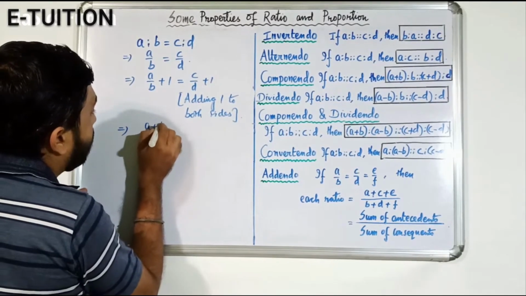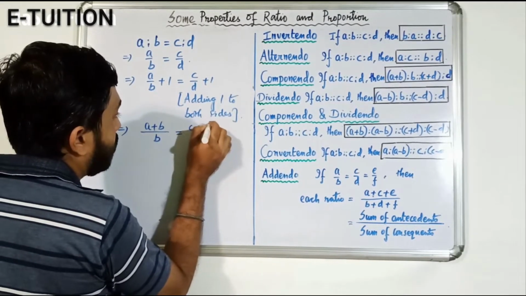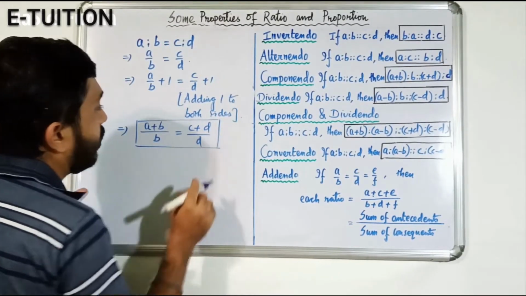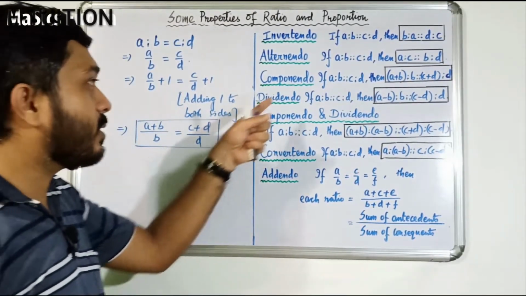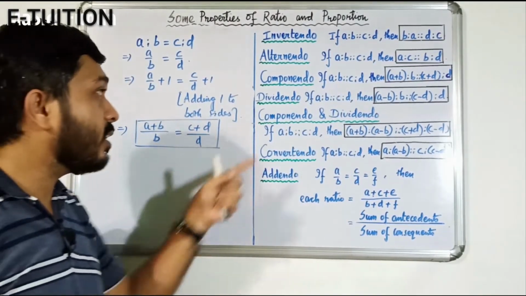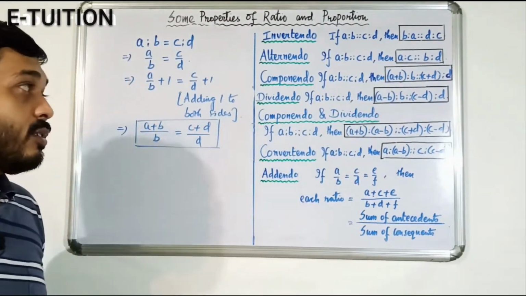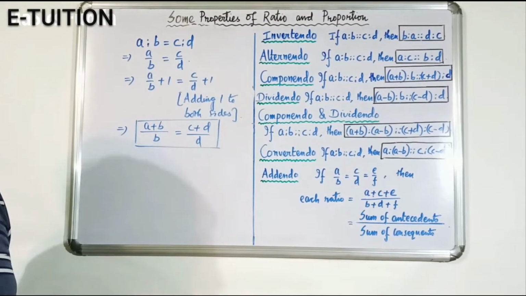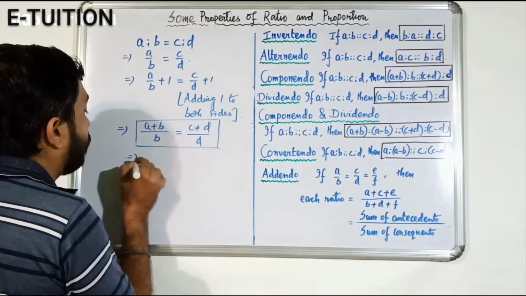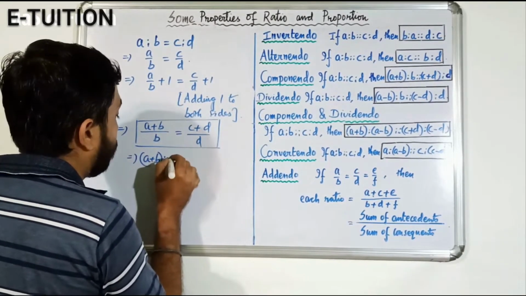And surprisingly, you are getting at the result A plus B upon B is equal to C plus D upon D. Isn't it what componendo is saying? If A is to B equal to C is to D, then A plus B is to B is equal to C plus D is to D. You can write it in the form of the ratio. That is how we write a ratio.